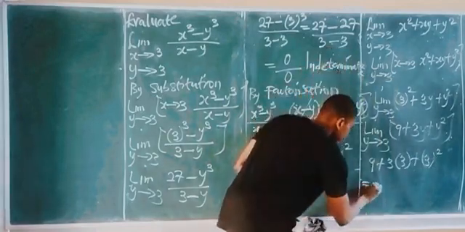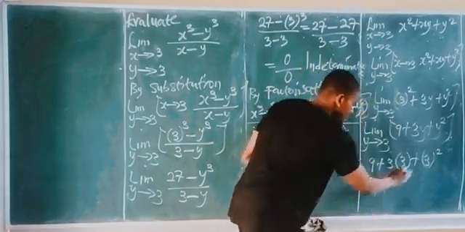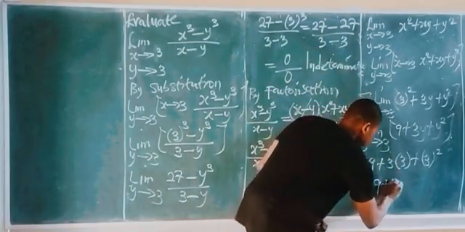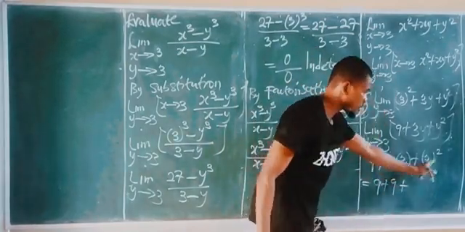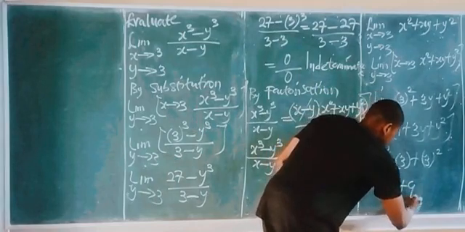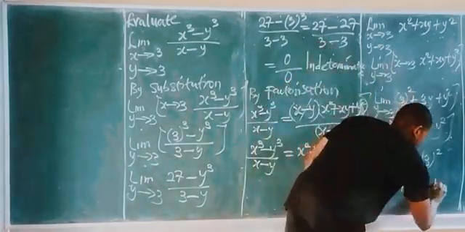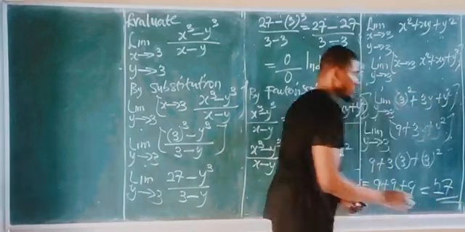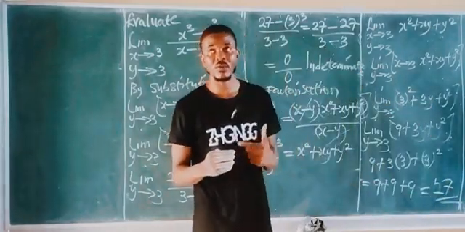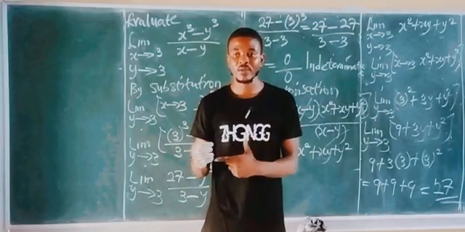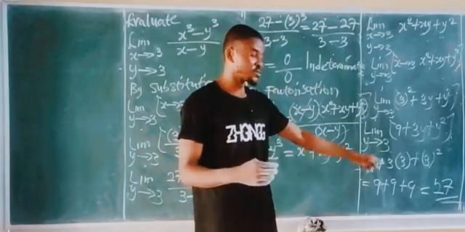This is 9 plus 9 plus 9, which simply gives us 27. So the limit of that function actually exists by the factorization method, and the value is simply 27.